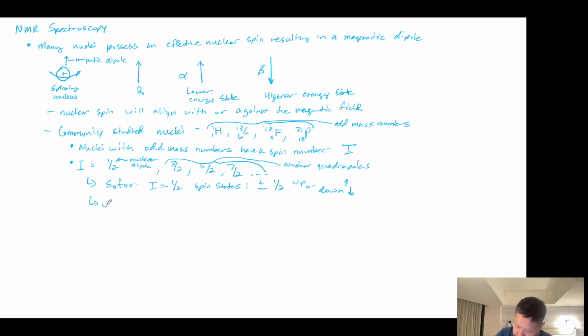Or if you have an I equal to 3/2, this gets a little more complicated because our spin states are 3/2 and 1/2, plus or minus on both. So what about other nuclei with odd mass numbers?